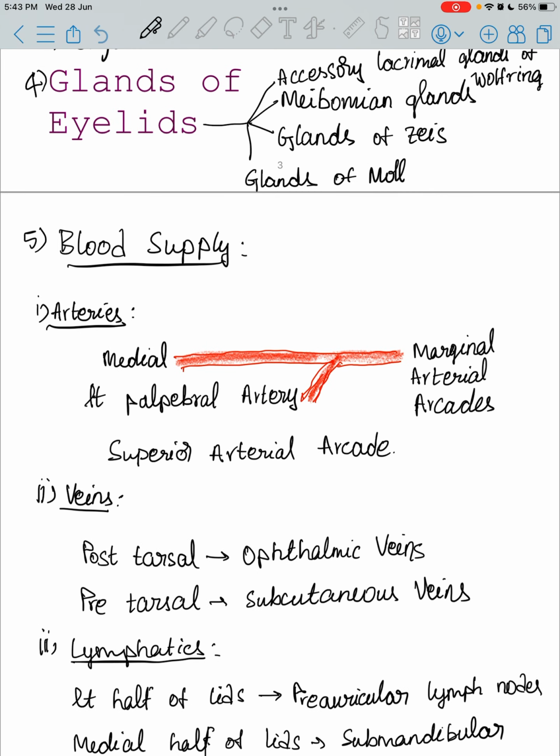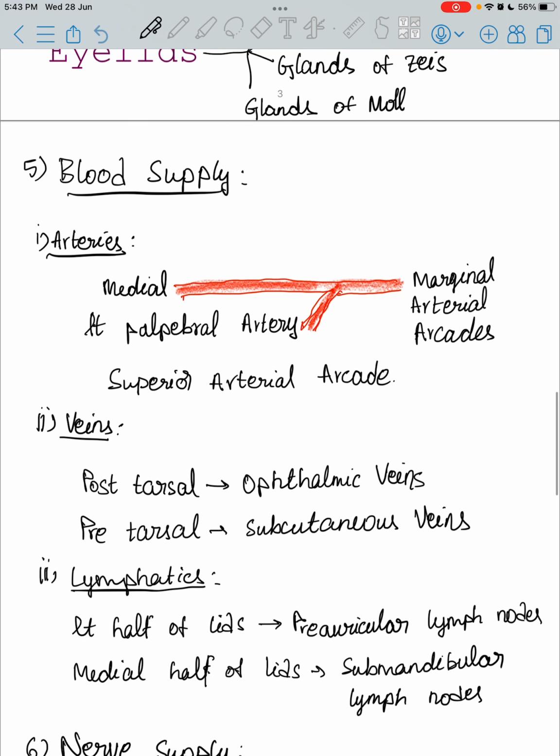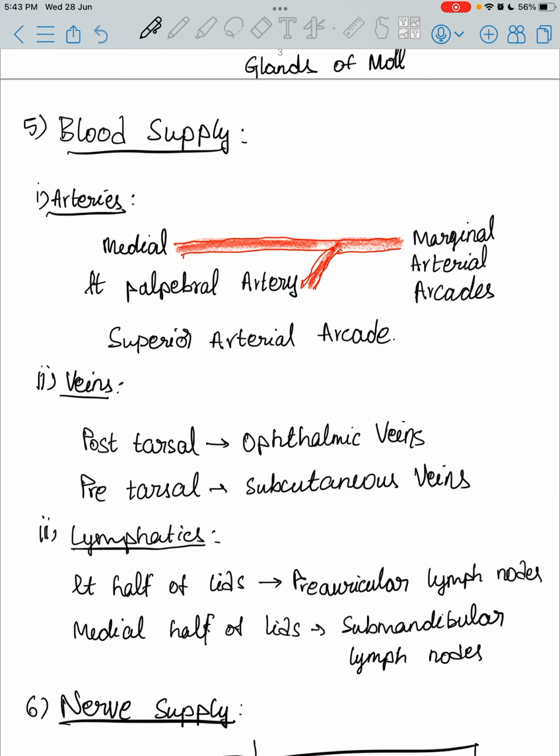Let us discuss about blood supply of eyelid. Arteries. The arterial supply consists of arcades. The marginal arterial arcades are formed by medial and lateral palpebral artery, and superior arterial arcade is also present.